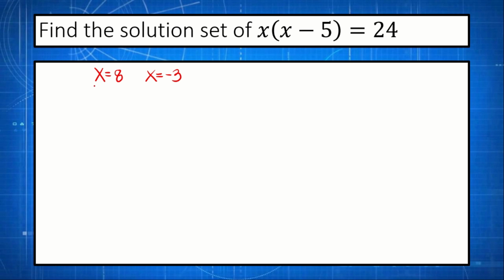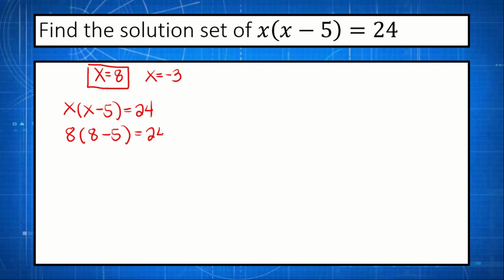So first we substitute x is equal to 8. So from our original equation, we have x multiplied to x minus 5 is equal to 24. So we have 8 multiplied to 8 minus 5 is equal to 24.